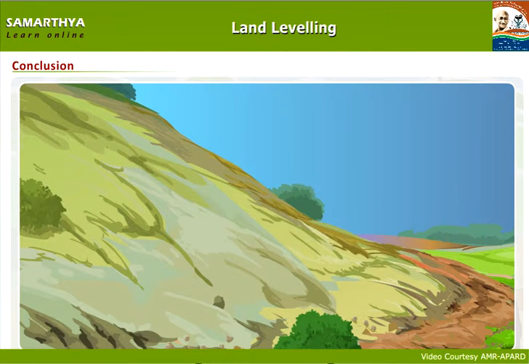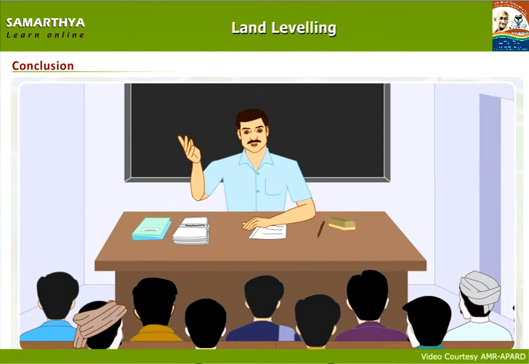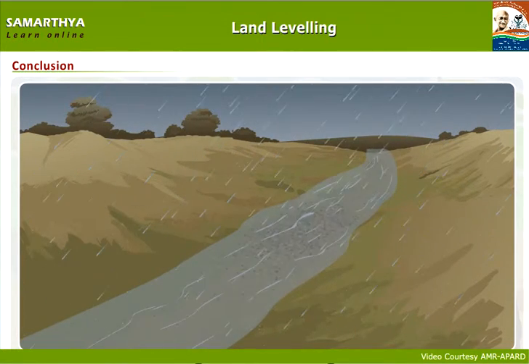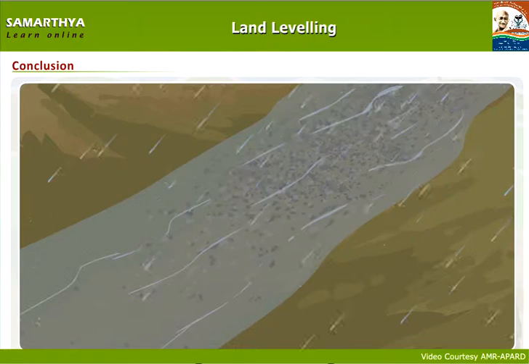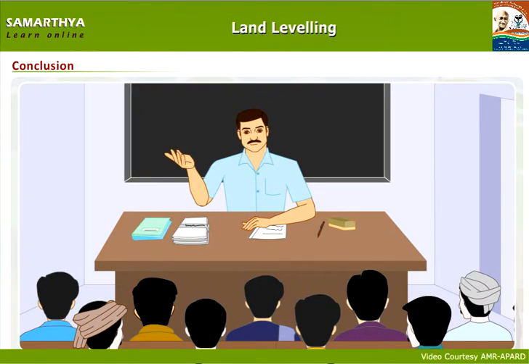We have to level these lands as steps in the shape of a bench. If we see from a long distance, it appears in step form. The objective of using the bench cut method is to prevent soil erosion by reducing the velocity of runoff water due to the steps. The excess water flows down slowly.